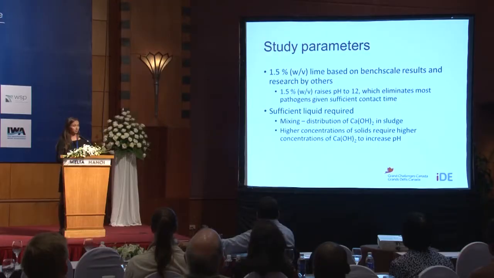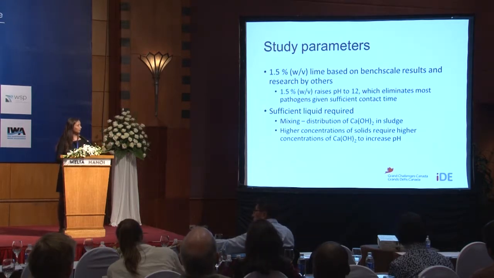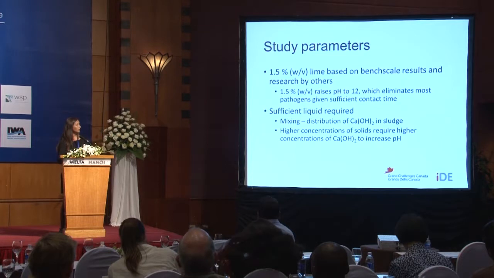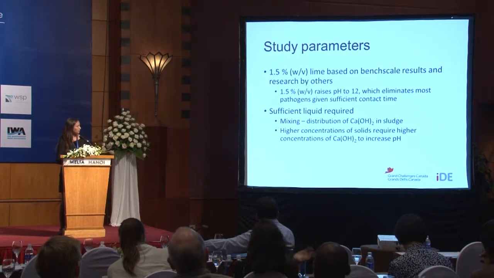So that is the mass of lime per volume of waste. This was enough to raise the pH to 12, which eliminates most pathogens given a sufficient contact time. For bacteria and viruses, this is on the order of hours, and for something like Ascaris eggs, it's on the order of a week or two. This has also been shown by a few other groups.